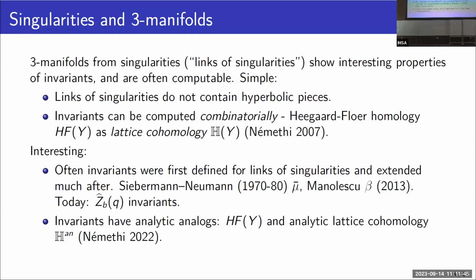You can have a fixed 3-manifold and lots of different singularities which have the same topology. So discrete invariants like the geometric genus can jump in this moduli space, and this analytic lattice cohomology detects this. So it is also interesting from the point of view of algebraic geometry, because you can look at the topological invariants and try to cook up some analogous invariants of singularities.